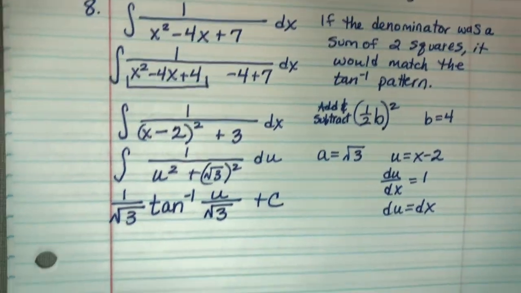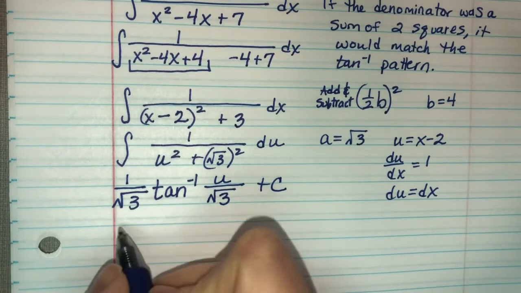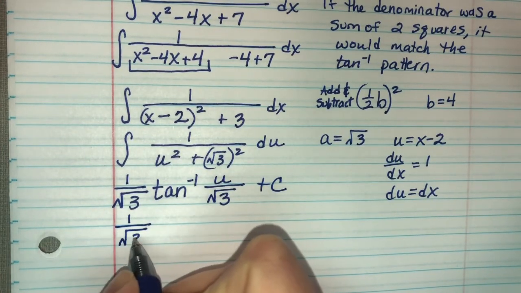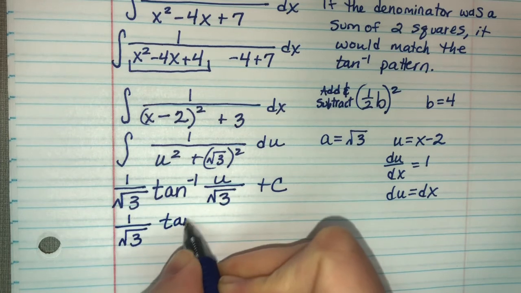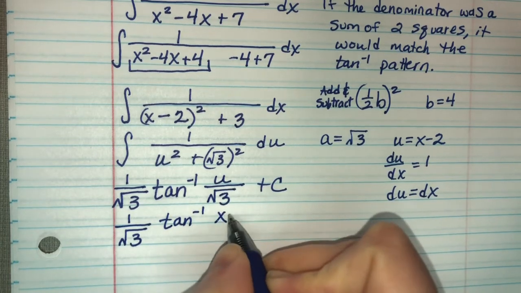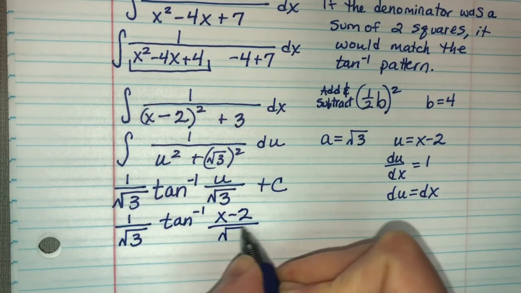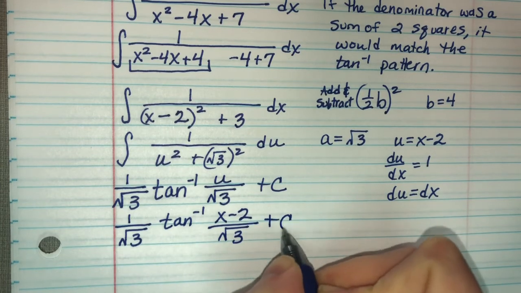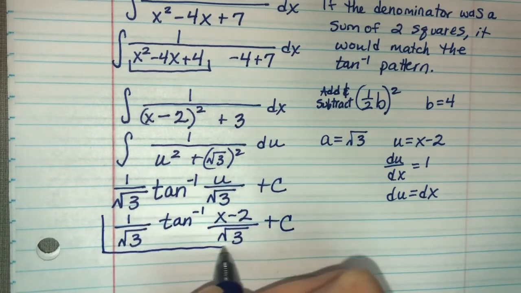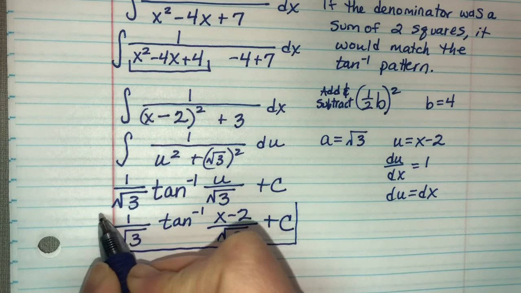And now I'm going to take out that u and replace it with the expression in terms of the variable x. So the inverse tangent of x minus 2 over the square root of 3 plus c. Look at that. What an amazing answer to an integration problem.